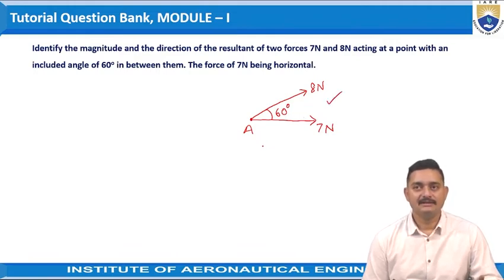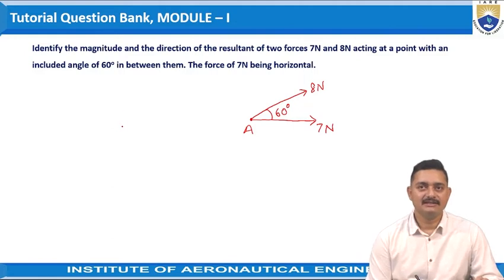So here we can understand that among the two forces, one force is horizontal and the other force is inclined. So when we see an inclined force, what do we need to do? We need to resolve this inclined force into horizontal and vertical direction forces.